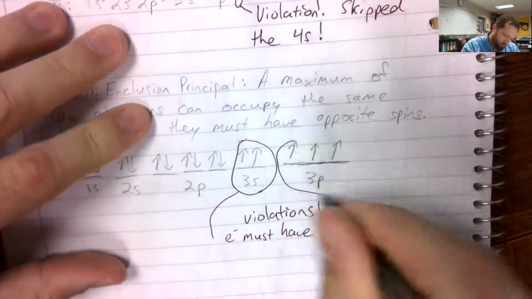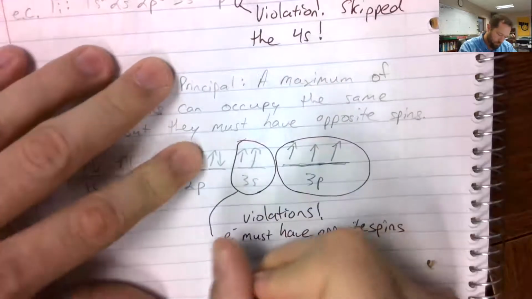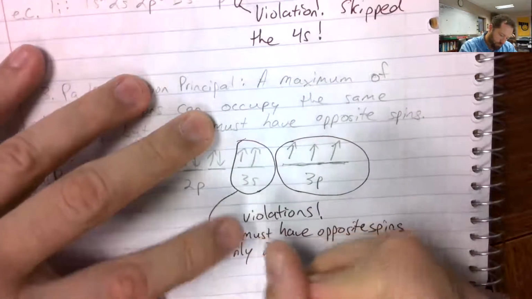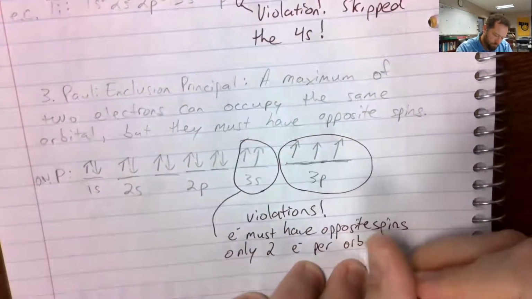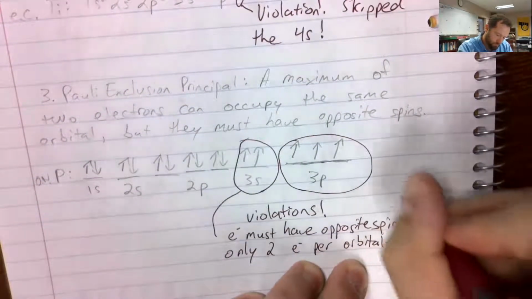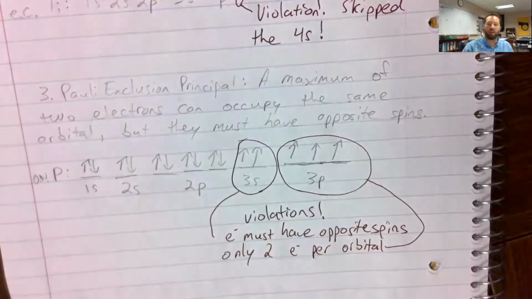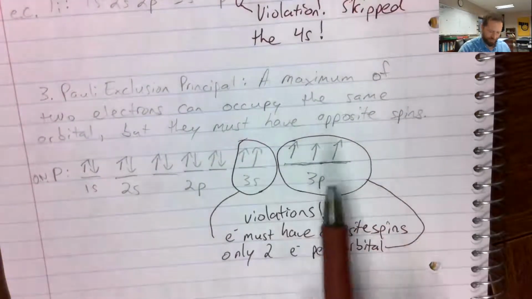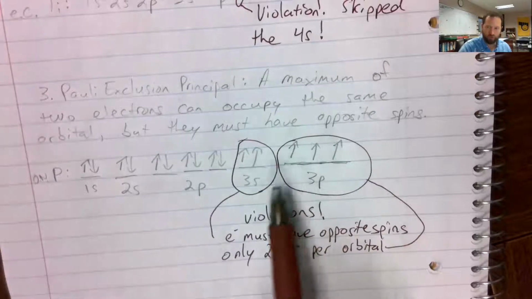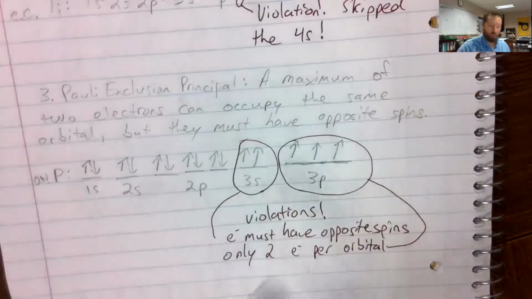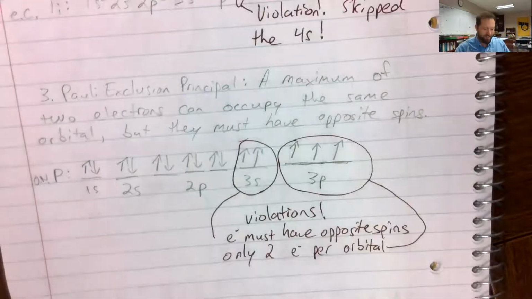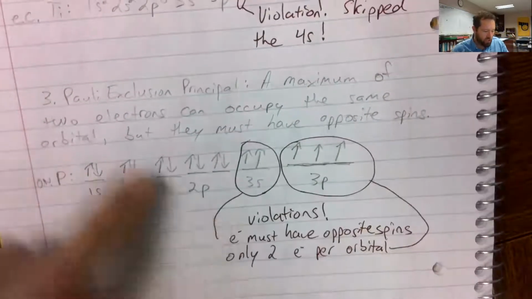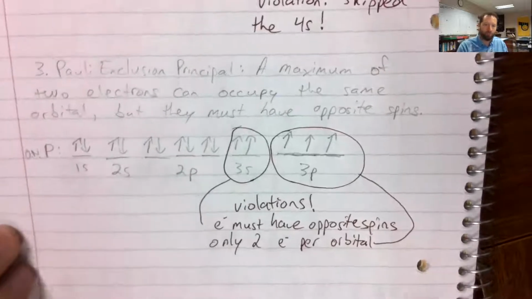And here, only two electrons per orbital. So again, this one looks like a big, gigantic orbital when you only use one line. And it looks like it's one gigantic orbital with three electrons in it. We can't have that. Those are both violations of the Pauli exclusion principle.